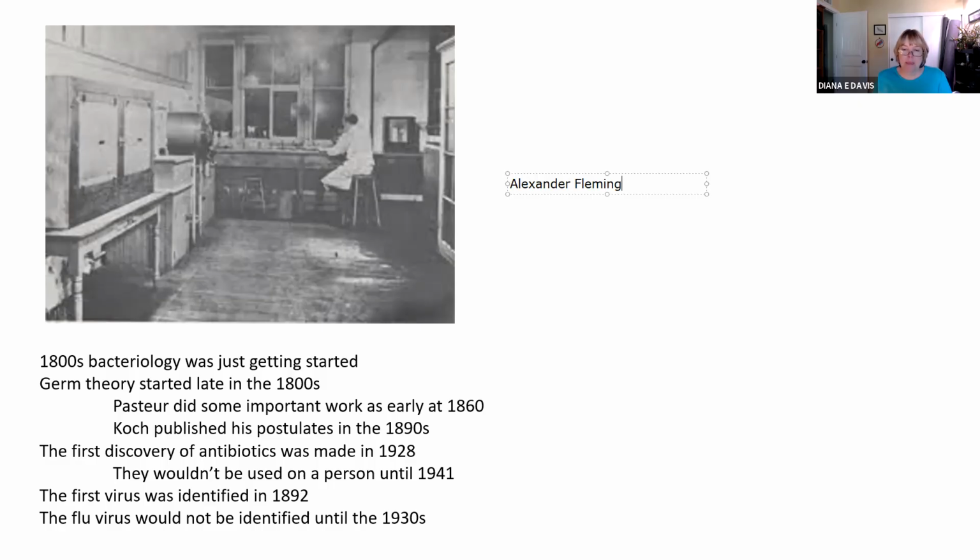So efforts began in 1939. The first patient who was treated in 1941 used up pretty much the entire supply of penicillin in the United States. The entire supply, and died anyway. He had a remission, he felt better for a while, but we didn't have enough penicillin to get rid of the infection completely.